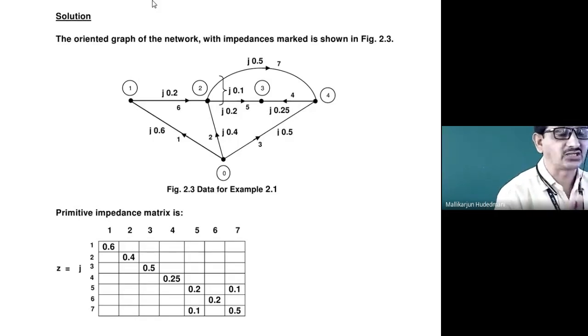In that context, look at 5 cross 7: row number 5, nothing but element number 5. Go along the horizontal axis till the 7th column. It is connected to the 7th element mutually by 0.1. The same way, when I come to the 7th row and go horizontally up to the 5th column, you will find the same number 0.1, coupled mutually to element 5. What is the meaning of this?